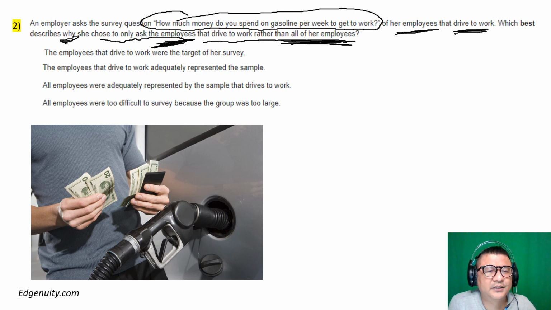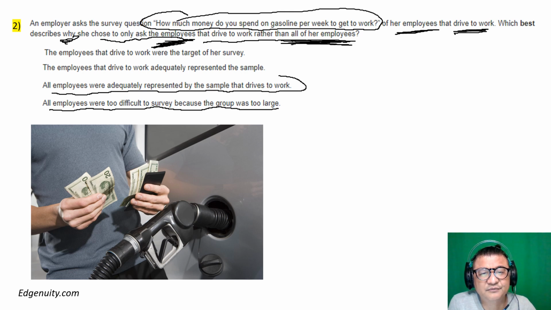Okay, let's start at the bottom. All employees were difficult to survey because the group was too large. Okay, possible. All employees were adequately represented by the sample that drives to work. No, there are people who do not drive. Not you.